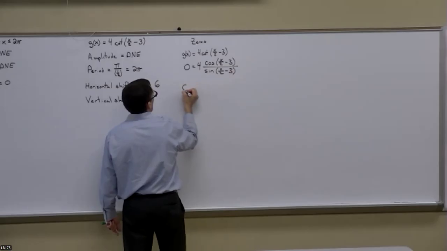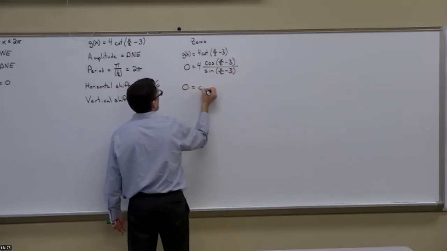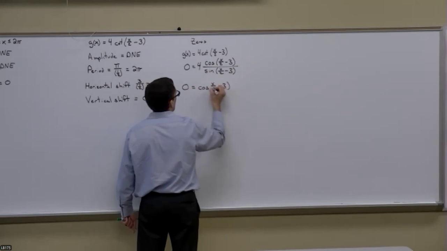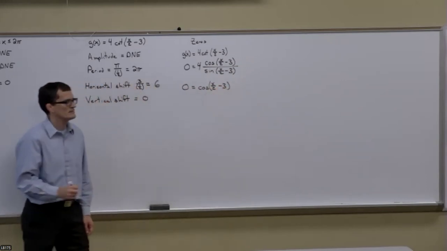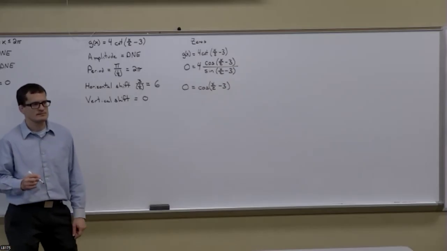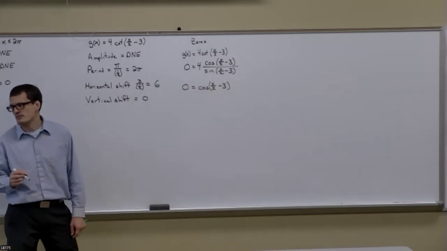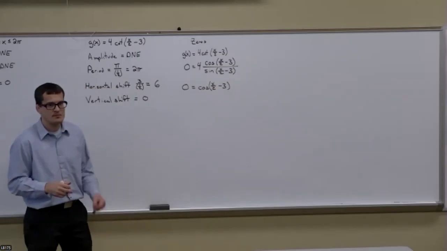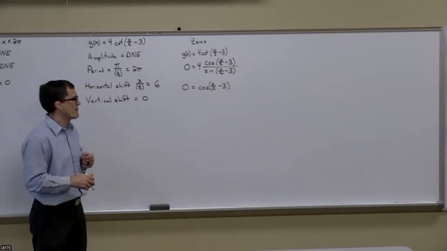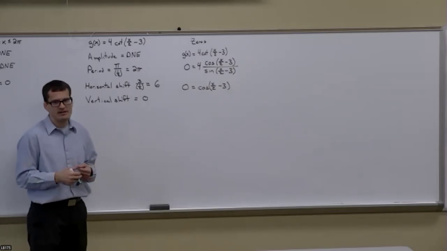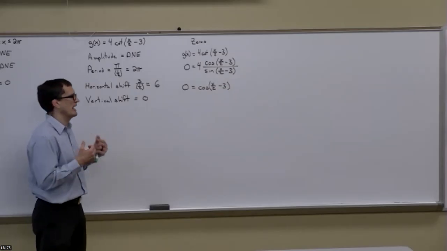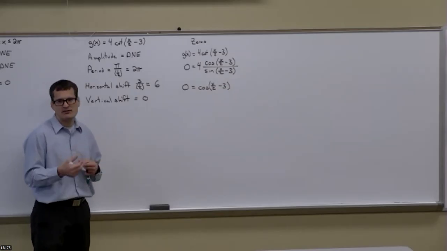So we get zeros when cosine of x over 2 minus 3 is equal to 0. And again, just like we have every time, if cosine is 0, that means our angle has to be pi over 2, 3 pi over 2, et cetera.